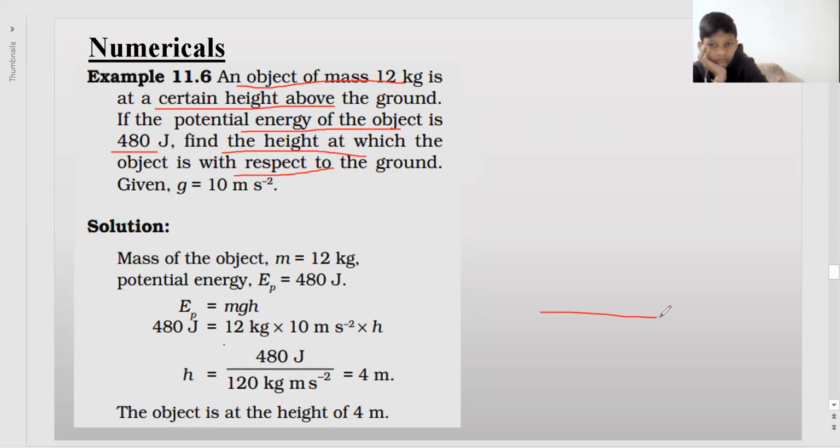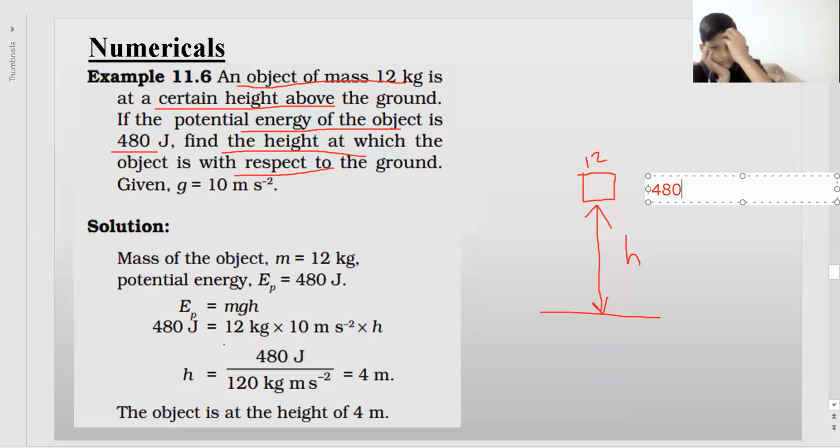It means, suppose this is the ground. The object is at a certain height from the ground. Let this height be h. The mass is given, it is 12 kg. And the energy it has at this point is 480 joule. So we have to find h.